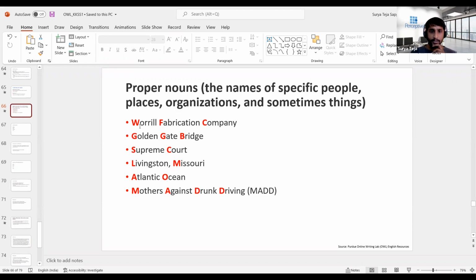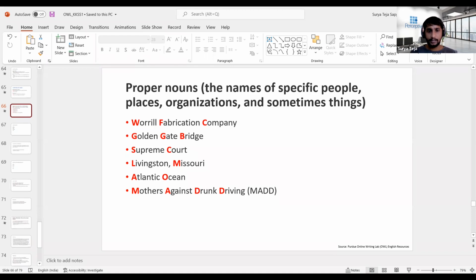If you see some of the examples, like Voril Fabrication Company, V, F and C have been capitalized. In Golden Gate Bridge, G has been capitalized, and also G and Bridge. The same goes with Supreme Court: S is the starting letter and it has been capitalized, and Court, C, is capitalized. And Livingstone and Missouri, the capital and the state, have been capitalized here.